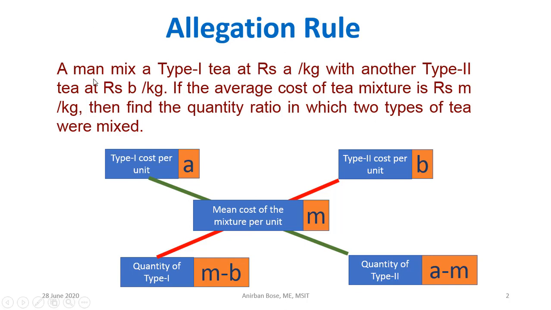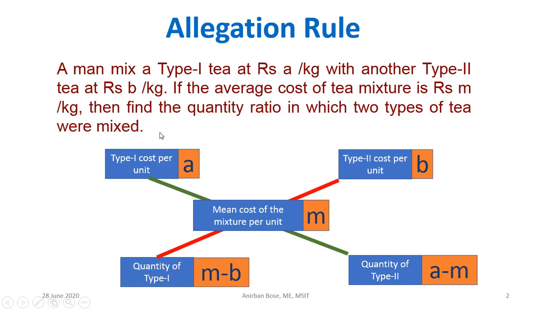A man mixes type 1 tea at rupees A per kg with another type 2 tea at rupees B per kg. If the average cost of the tea mixture is rupees M per kg, then find the quantity ratio in which the two types of tea were mixed.